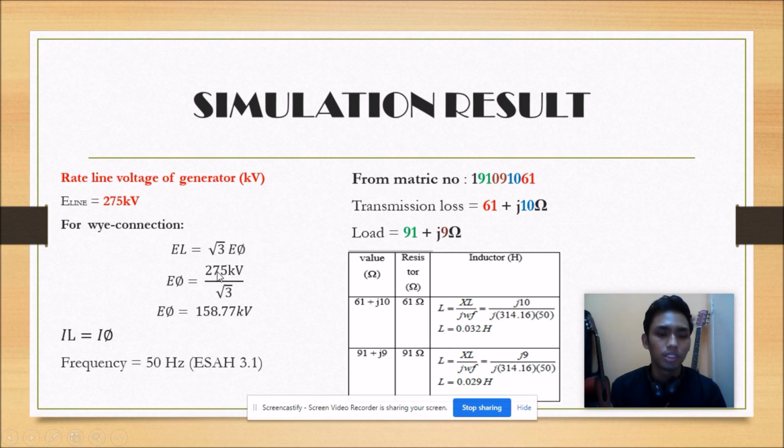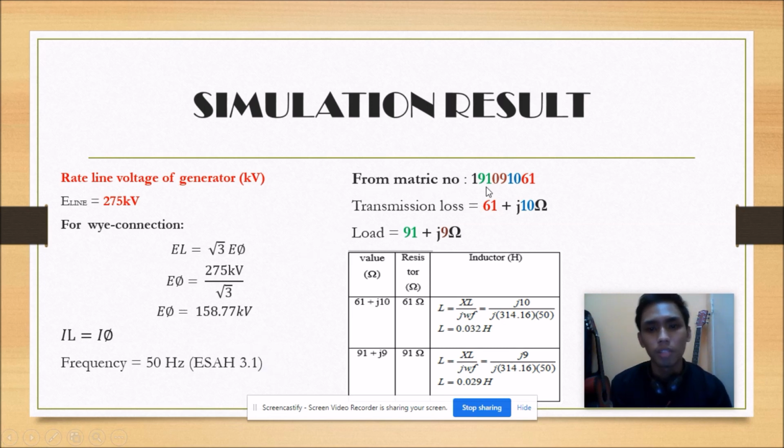To find E phase, we must divide 275 kilovolts by root 3, and I got that E phase is equal to 158.77 kilovolts. And for Y connections, we know that I line is equal to I phase. The frequency used is 50 Hz according to ESA version 3.1.